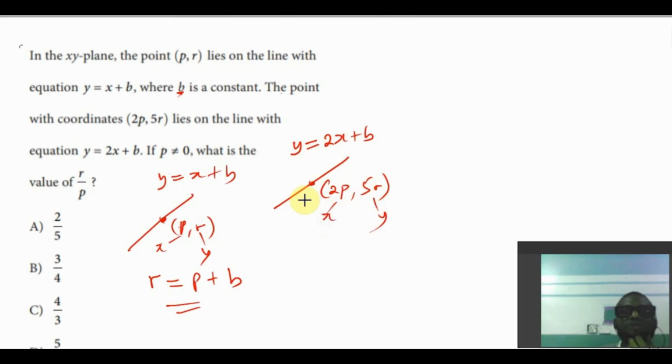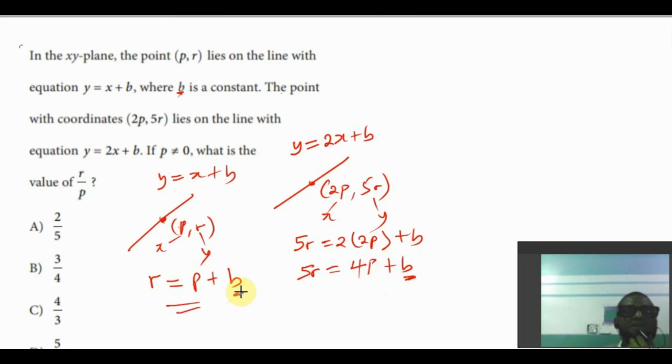So if I substitute here, I will have 5r = 2 times 2p plus b, so 5r = 4p + b. They have the same constant b.